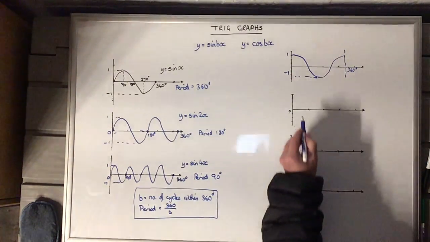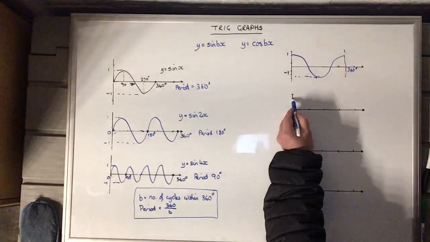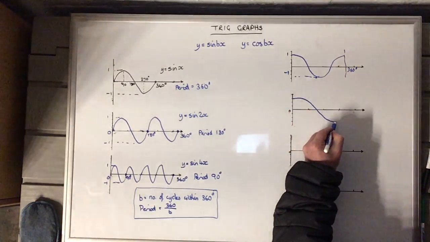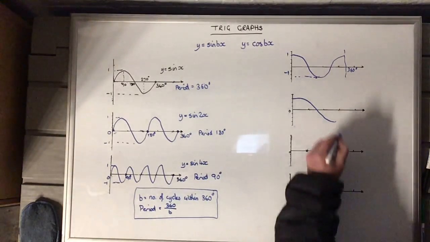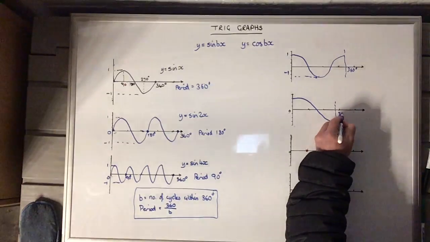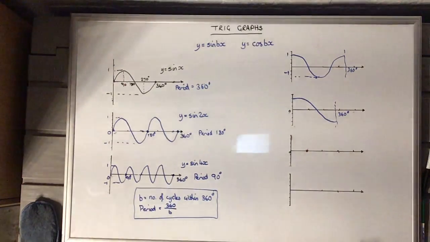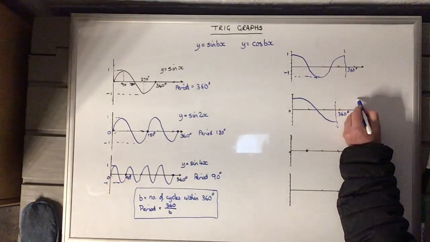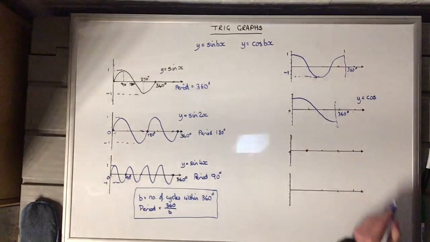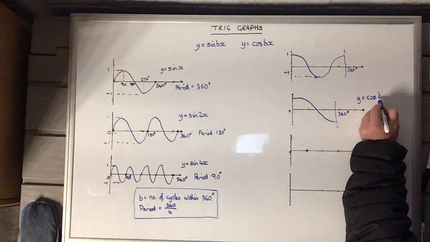So, I'm going to draw an awkward looking one. If I only draw that, and if I say that's 360 degrees, then the equation for that graph, well, it's a cos graph, so it's going to be y equals cos. I've only got half a wave in that, so it's going to be a half x.